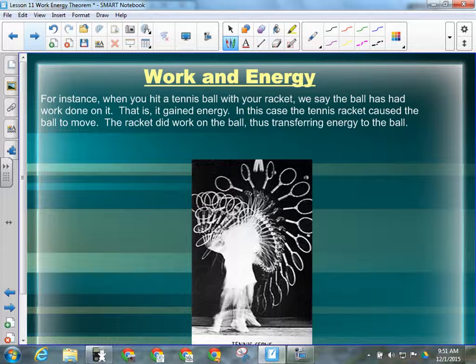When you hit a tennis ball, same idea. You are exerting a force through a distance on the tennis ball. What kinds of things influence how fast you can hit the tennis ball? Speed of the racket, so partly your strength. What else?